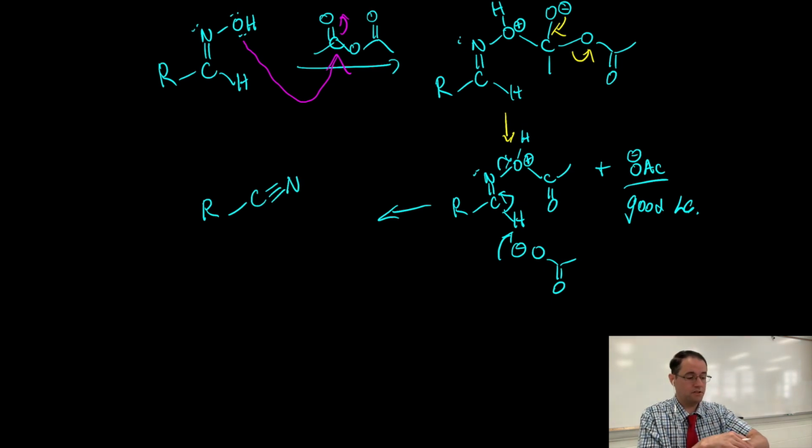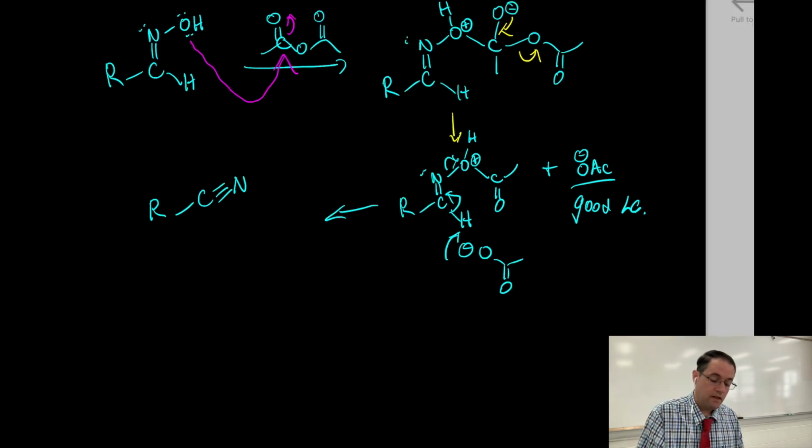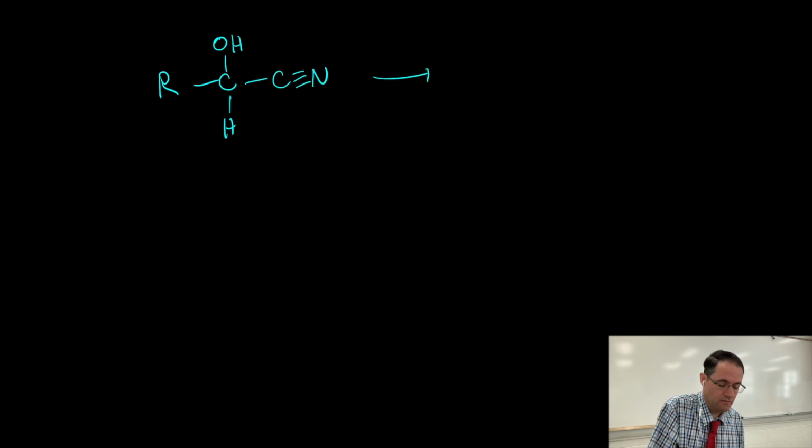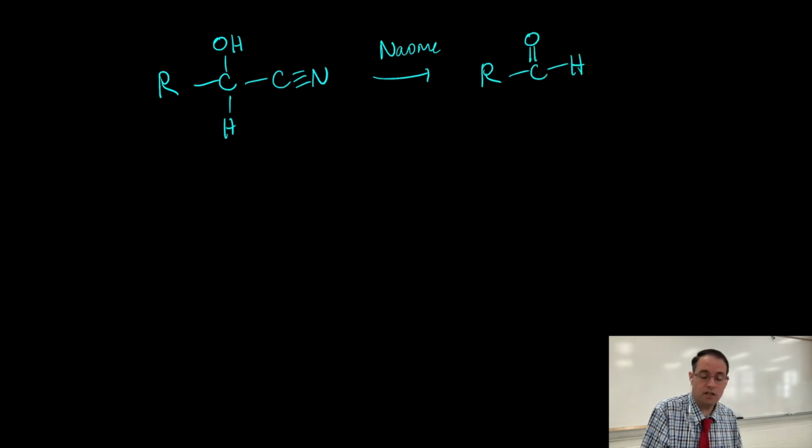All right, so there's your nitrile. Now, in the last step, what we have is a breakdown of this guy here to give us, and this is with NaOMe, to give us an aldehyde having one fewer carbon, okay? So how does this work?